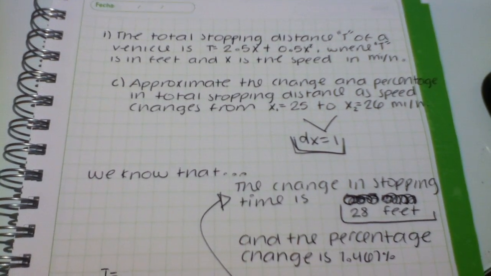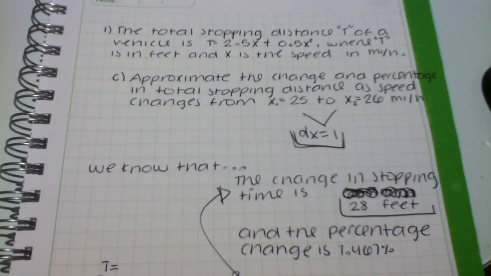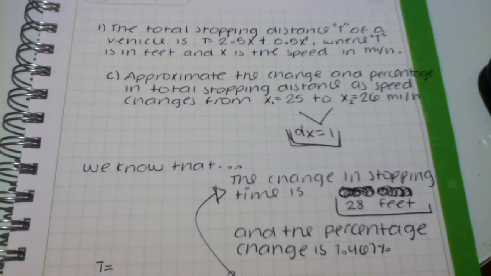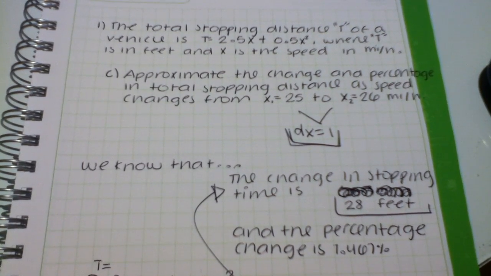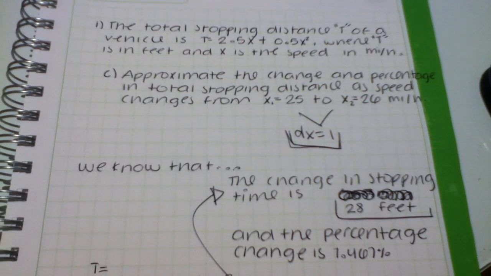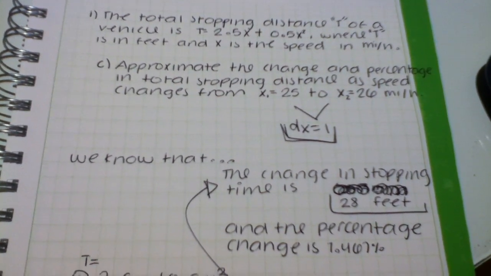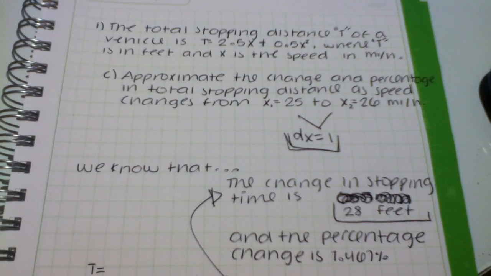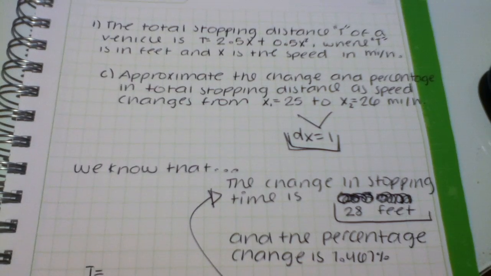Okay, so in number one, for the letter C, they're telling us to approximate the change in percentage in total stopping distance as speed changes from x equals 25 to x equals 26 miles per hour. But first, we know that the change in stopping time is 20 feet and the percentage change is 7.467%.